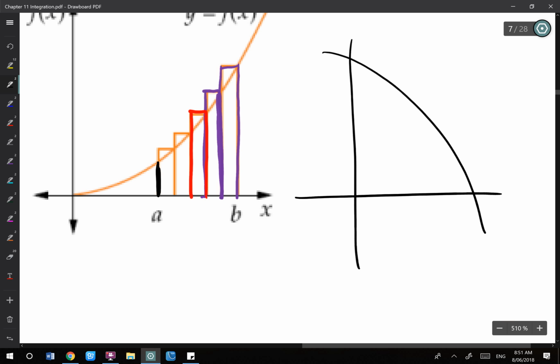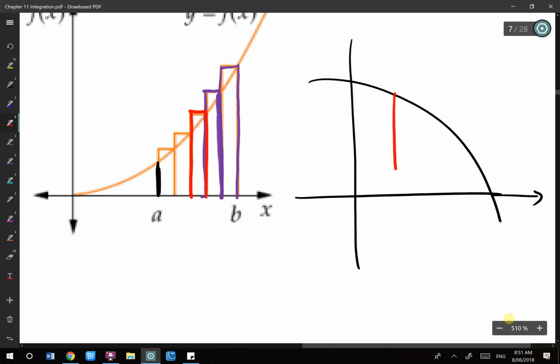So the same thing will happen here. If I have the same graph here, I want to estimate the area in between A and B again. If I use right-hand side approximation, I start to draw rectangles on the right-hand side, which is this one. Now I need to increase the height, which I draw this one.